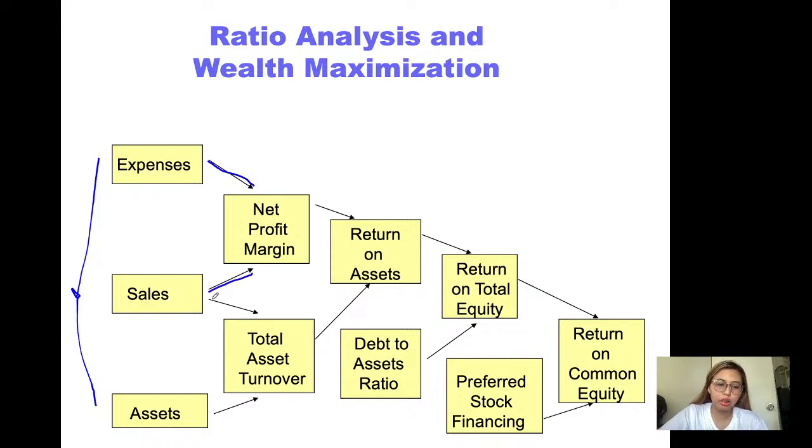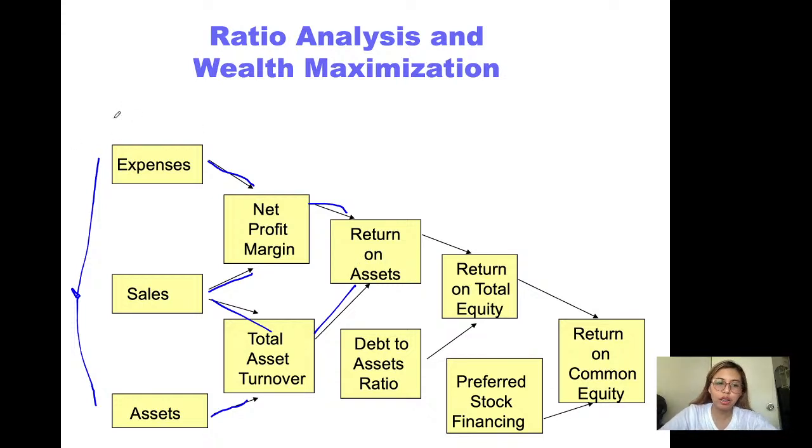Sales, when it goes to total asset turnover, then in total asset turnover, you can dissect return on sales. Debt to asset ratio, return on total equity, preferred stock financing, return on common equity.